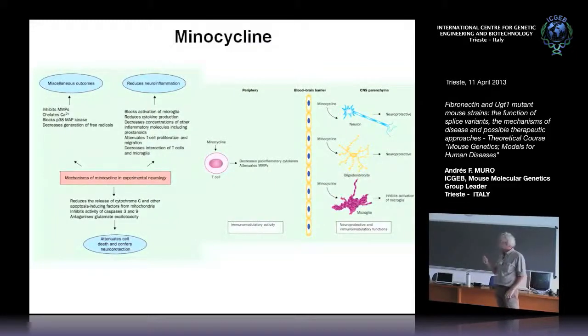So if we have to treat the brain, the main thing is that the drug has to reach the cells that are suffering. This antibiotic is capable of crossing the blood-brain barrier and has a neuroprotective effect in different cell types, apparently by reducing inflammation and by reducing the amount of phosphorylated p38.